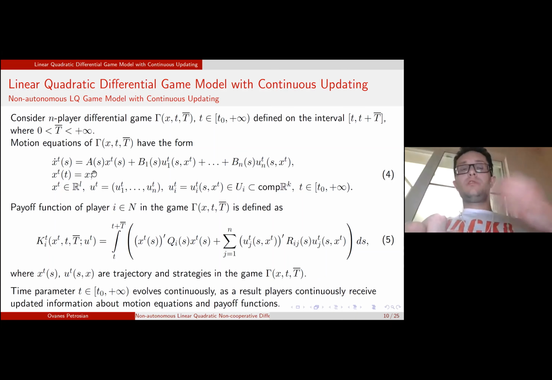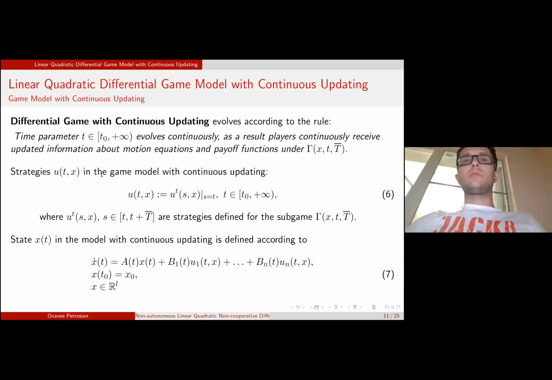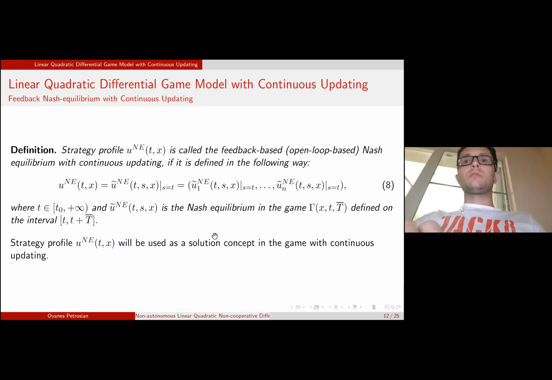So you can imagine that at the current time instant t, the dependency of this matrix upon the current time instant t changes. So the modeling could be different from the autonomous case, but this I will show in the simulation example.